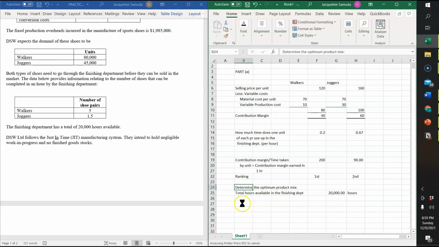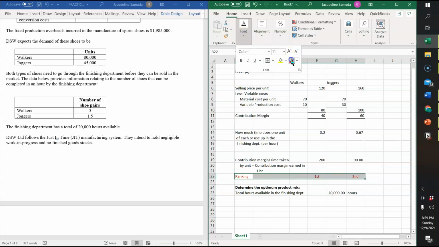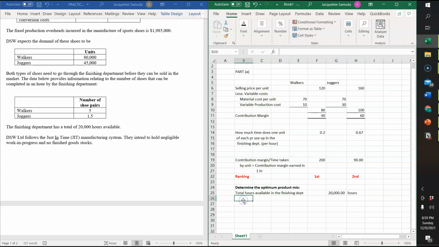So now we're going to make the maximum amount of walkers because the computation ranks the walkers as the most profitable. Let me just highlight the ranking for you, in red, so you'll see. So we're going to make as many walkers as possible. And that came to 80,000 pairs of shoes.